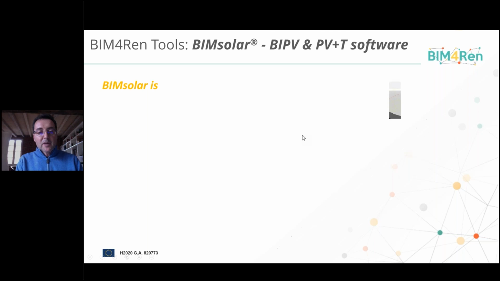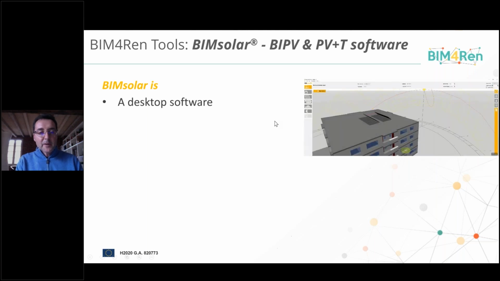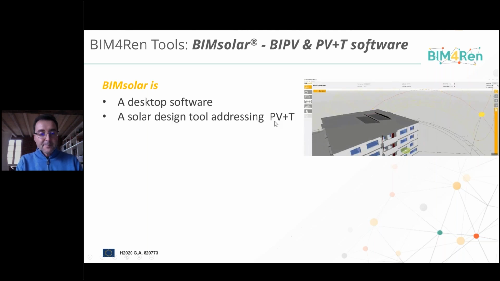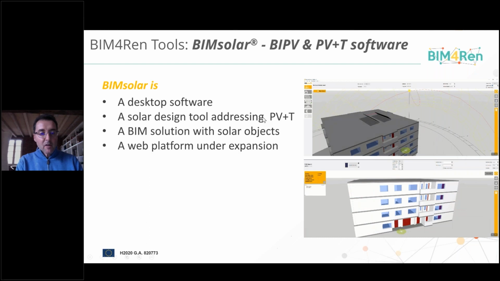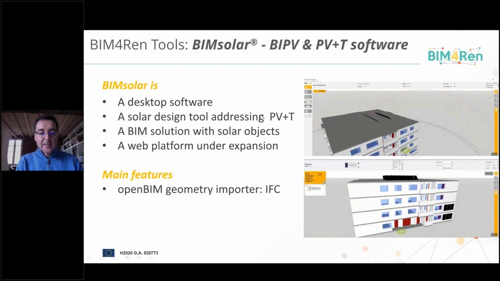What is BIMSolar? BIMSolar is first a desktop software, but also a solar design tool addressing photovoltaic and thermal solar systems, a BIM solution with pure solar objects, and a web platform under expansion with web services. The main features are the importation facility of OpenBIM geometry, IFC, for example.